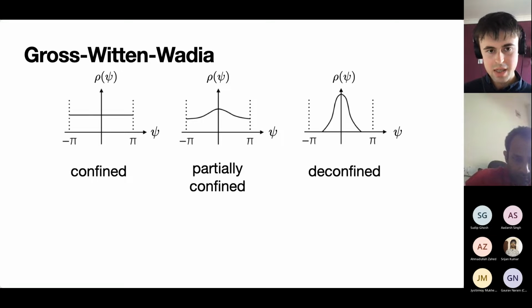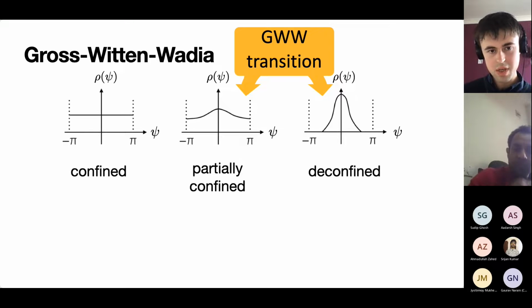Also, given the previous slides, it's clear that the critical point is the transition between the deconfined and the partially confined phase. It's when this eigenvalue distribution becomes ungapped, so where there's no longer any zero density, and we call this the Gross-Witten-Wadia transition, in analogy to work that was done on the 2D lattice, which showed similar behavior in the eigenvalue distributions.